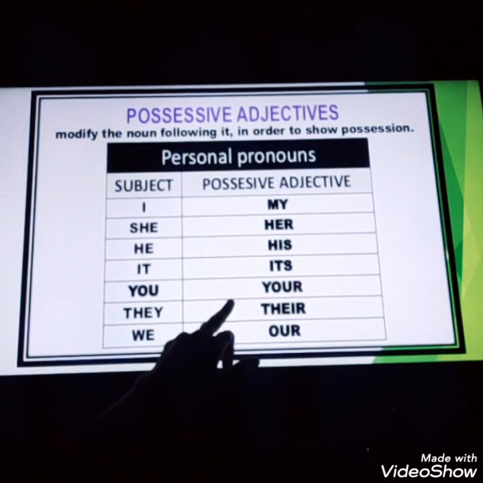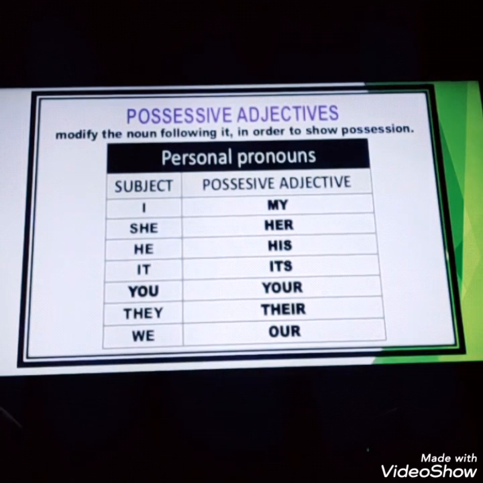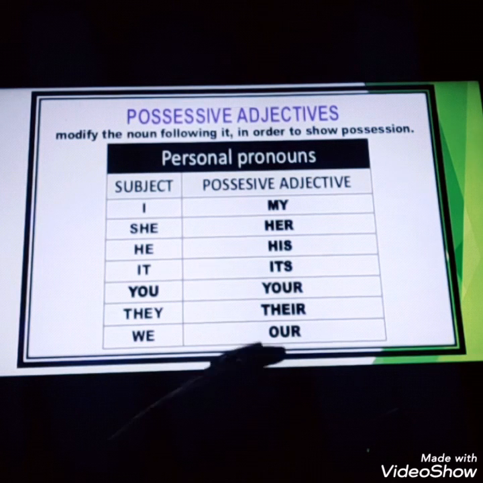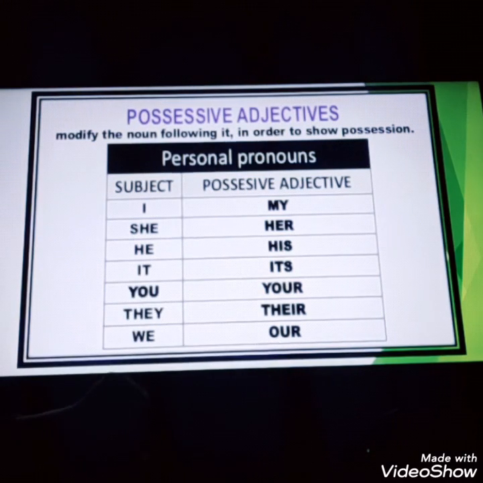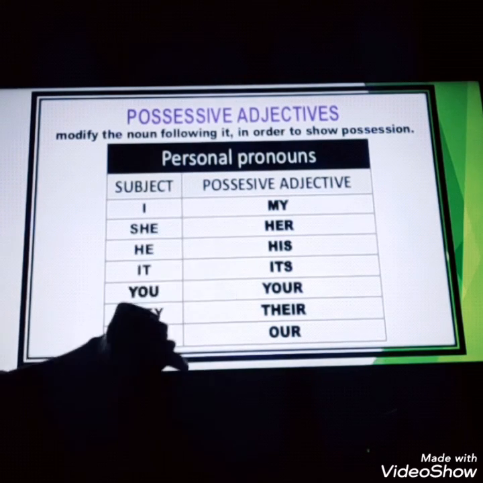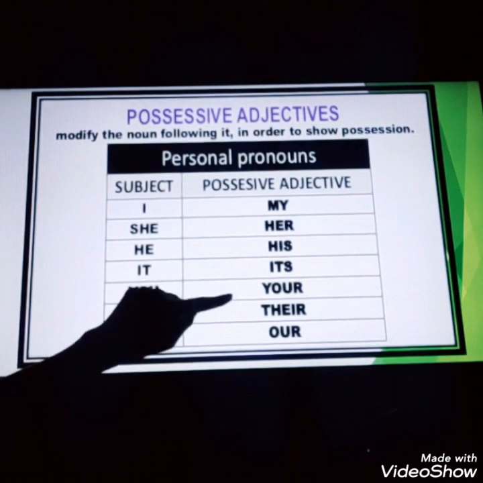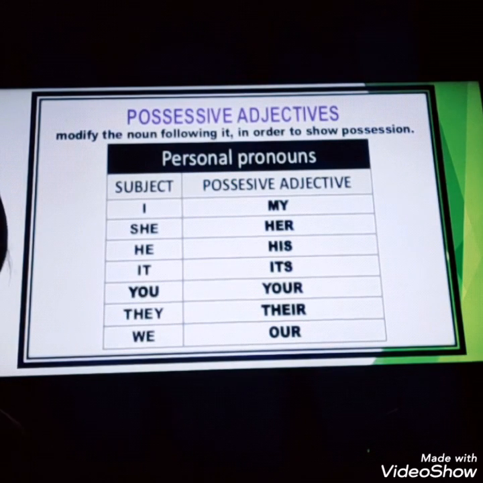Whose house? Their house. This is our badminton. Whose badminton is this? Our. So these sentences show possession. These are the possessive adjective words: my, her, his, its, your, their and our.